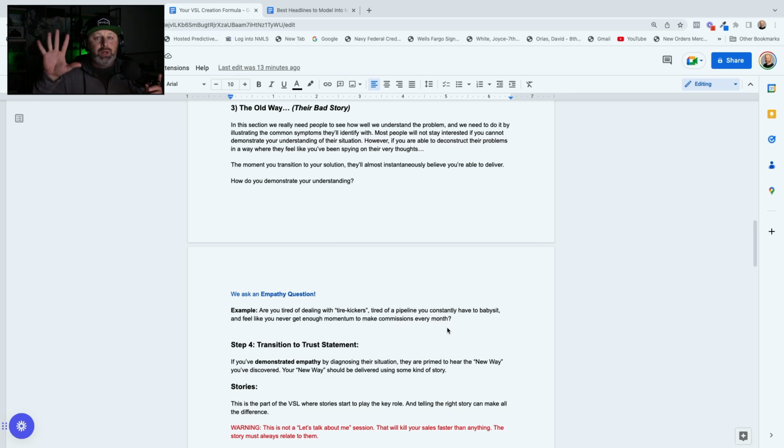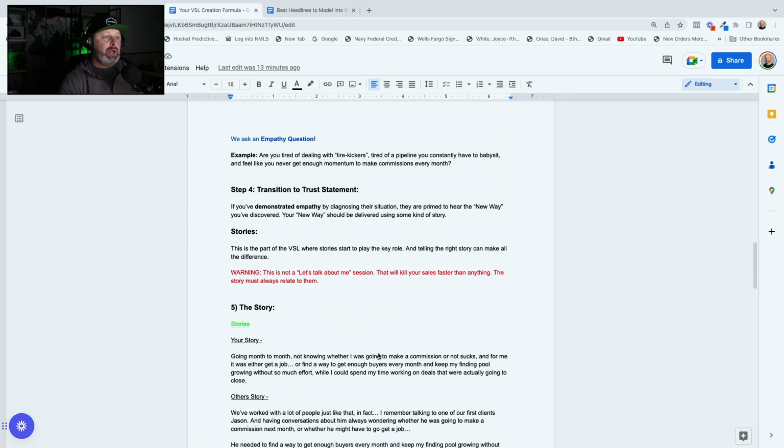So we want to highlight the old way by telling that story, by really just inciting, hey, are you a person that has this symptom, situation, this reality? And the more we can layer on in terms of our understanding of that situation, the better off they're going to believe us when we transition to the better story.